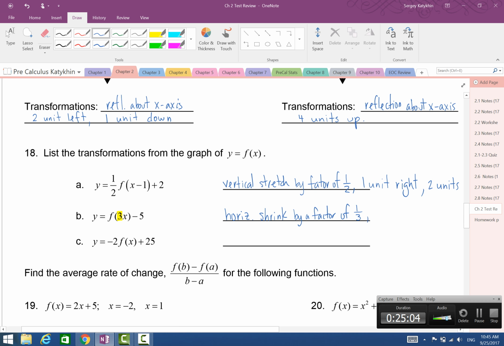Remember from the notes that we have to put 1 divided by C, or B, or whatever the variable is in front there. So it's actually 1/3, not a factor of 3. And because you see a -5 on the outside, this would be 5 units down.